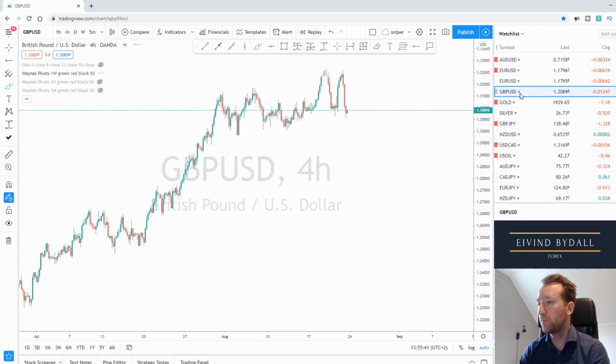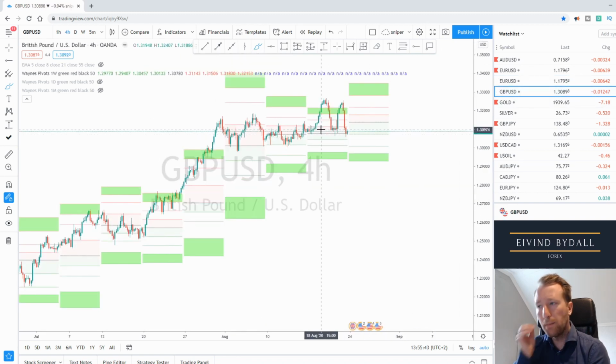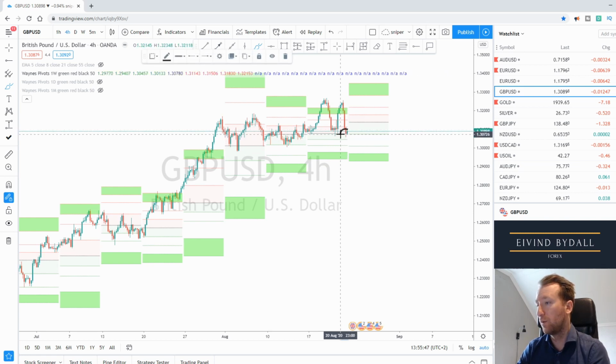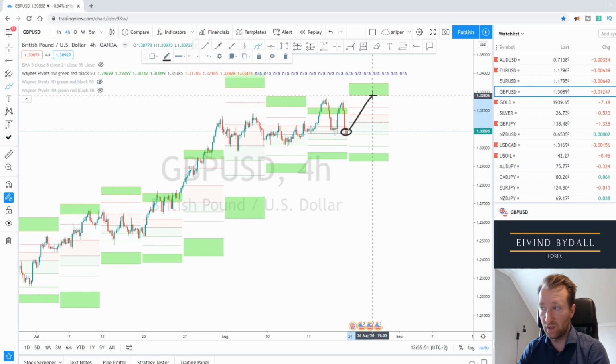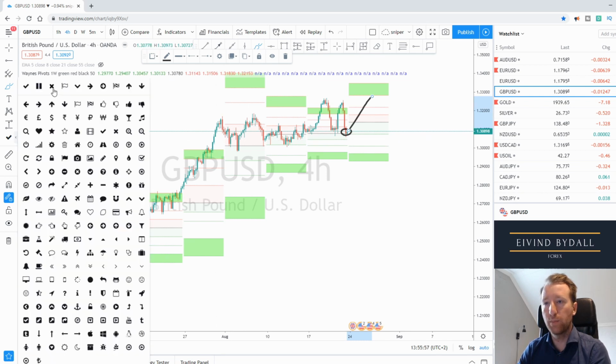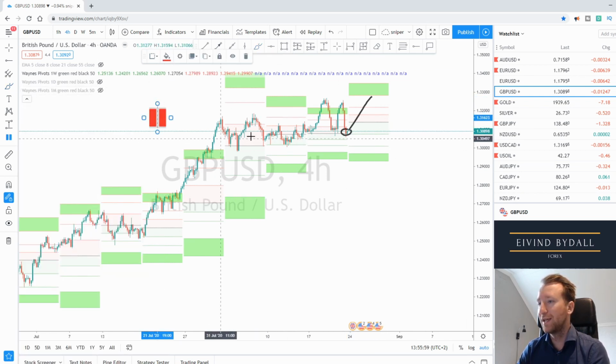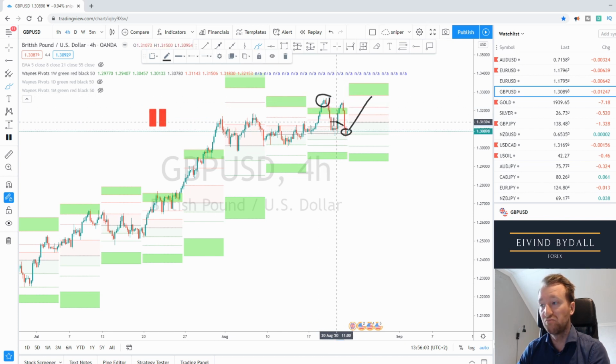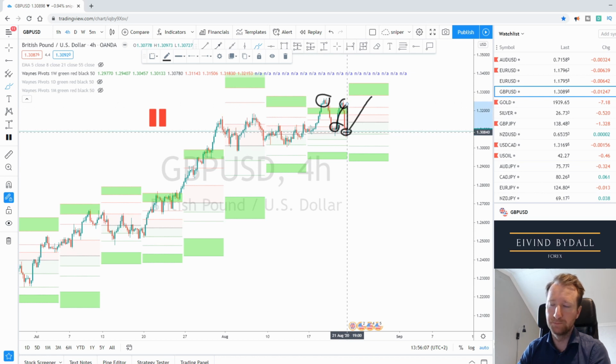Cool, then we go to pound dollar. I'm still looking for buys, and yes, we can definitely go higher this week up to 132.80. Cool, but it's also paused. I'll also put out a pause here because it's not making new higher highs. That's amazing, that's cool. This is not amazing, and that's terrible.